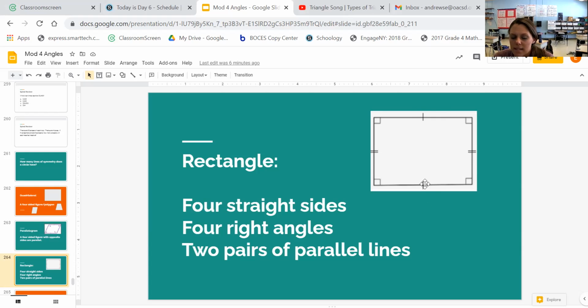And then the opposite sides are congruent, which we can again identify using those tick marks. And we know that the opposite sides are parallel. So this side and this side are parallel to each other. They'll never cross, never intersect, never meet. And the same with the opposite ones. Okay? Hopefully you remember a rectangle.